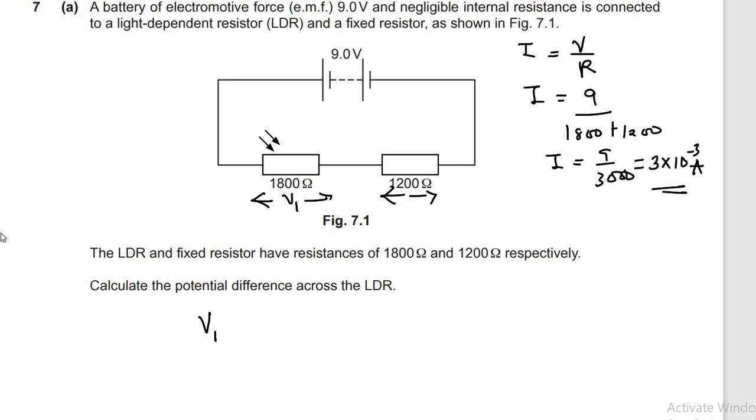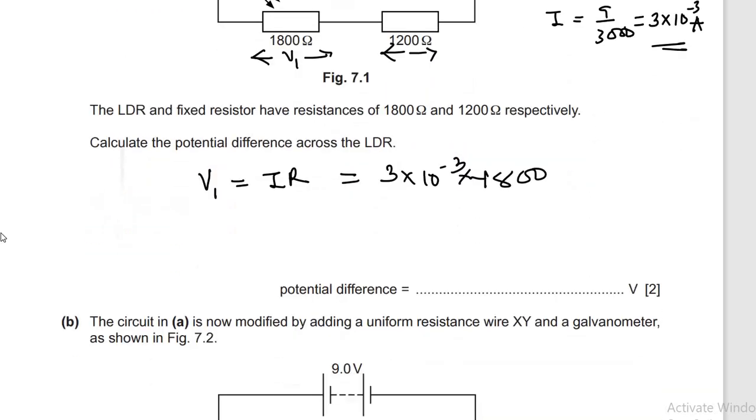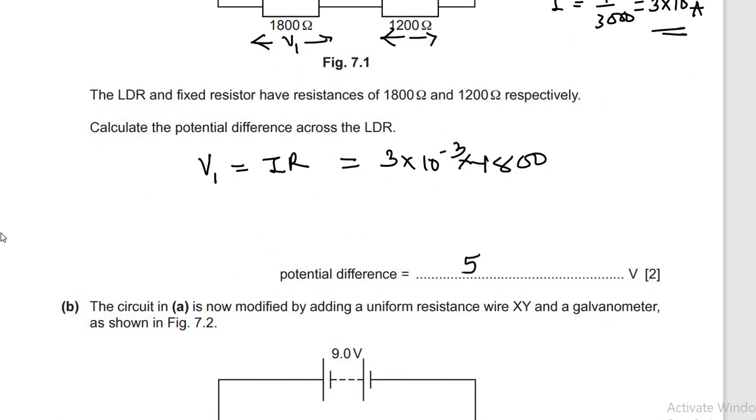So voltage across the LDR is IR, where I is 3 times 10 to the power minus 3 and the resistance of the LDR is 1800. When you multiply them together, we have 5.4. That's the PD across that. The next one.